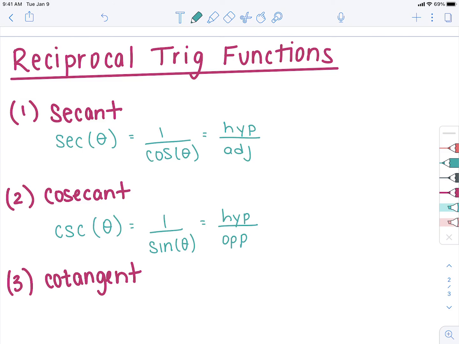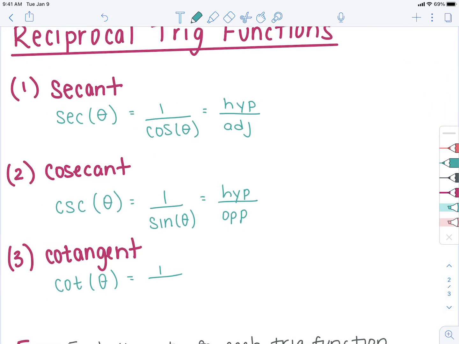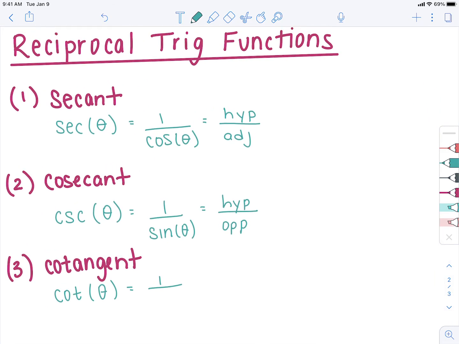Cotangent is the reciprocal of tangent, abbreviated COT of the angle. It's 1 over tangent. Or, instead of being opposite over adjacent, it would be the flip. So it would be adjacent over opposite.